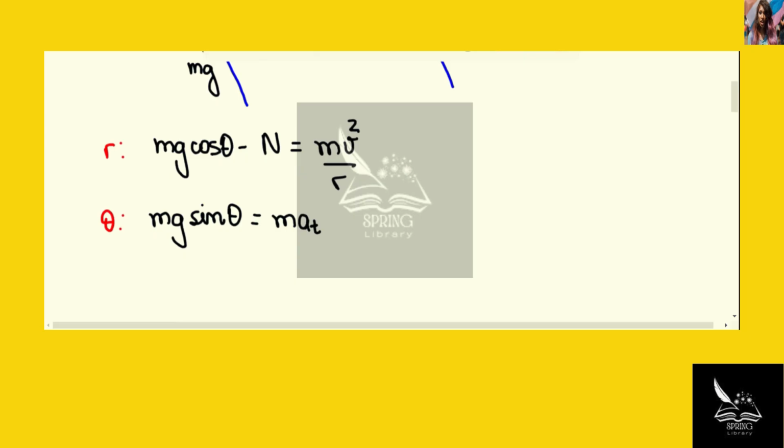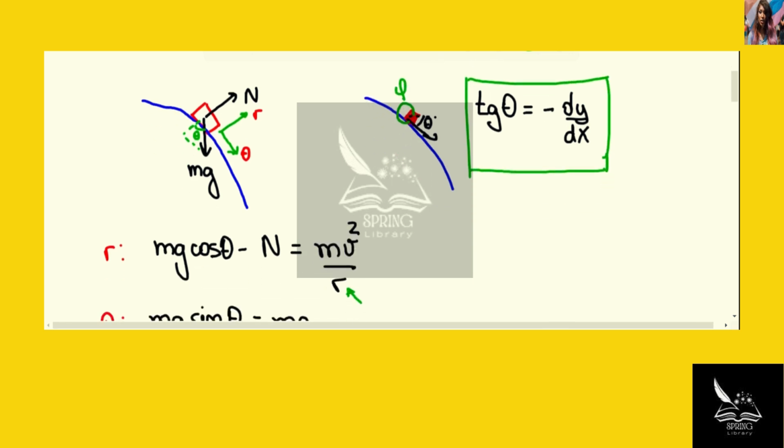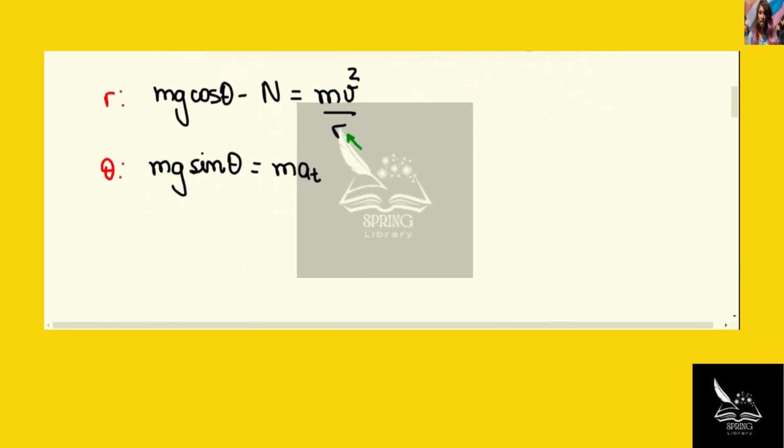Okay, so now notice that we don't know a couple of things here. We don't know what r is, and we don't know what theta is, so we have to find what sine of theta and cosine of theta are. So first, I'm going to go back to this formula here and find the tangent of theta. And then with the tangent, we can find both the cosine and the sine. So remember that y is equal to minus 0.5 x squared. So this means that dy dx is minus x.